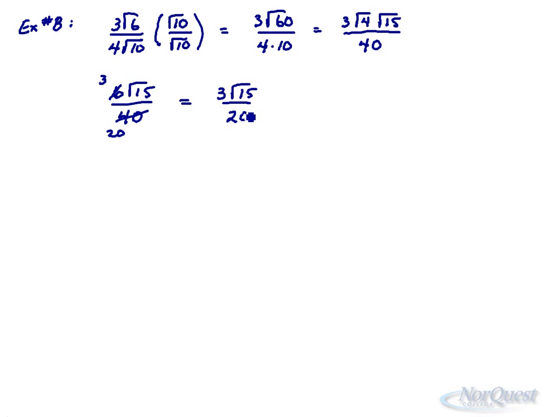Now the other way I would have done this is I probably would have divided out a root 2 at the beginning instead of multiplying by root 10 over root 10, and then started to simplify and rationalize after, so that I could have worked with smaller numbers. And I would have ended up with the same answer.